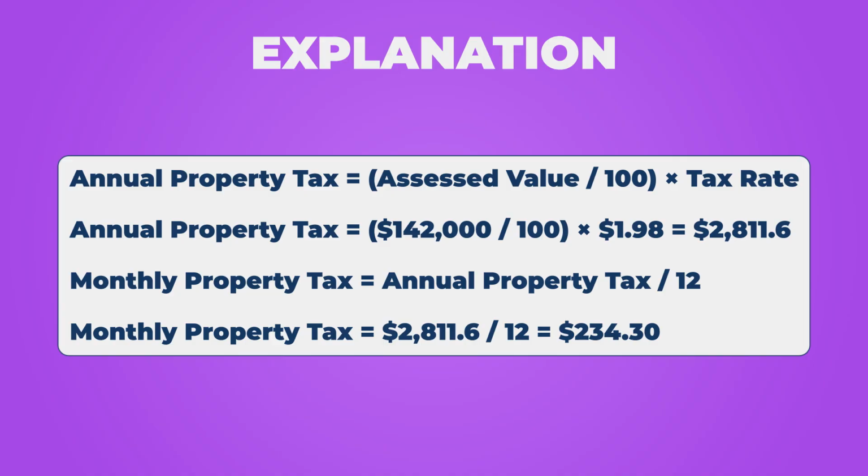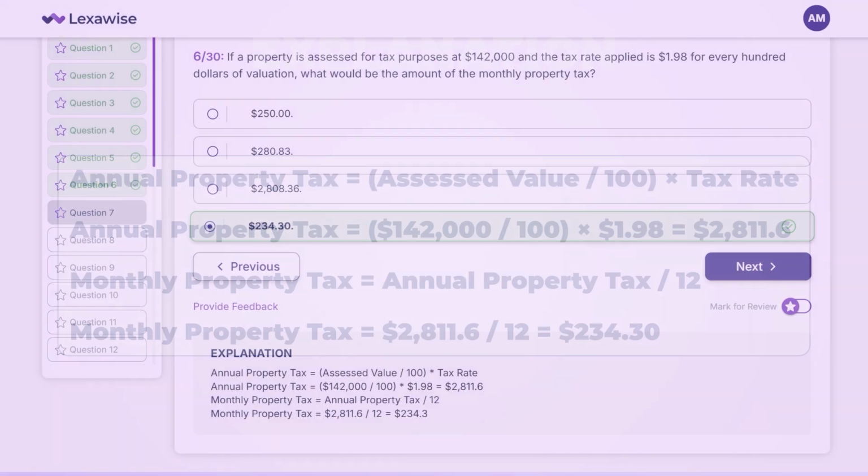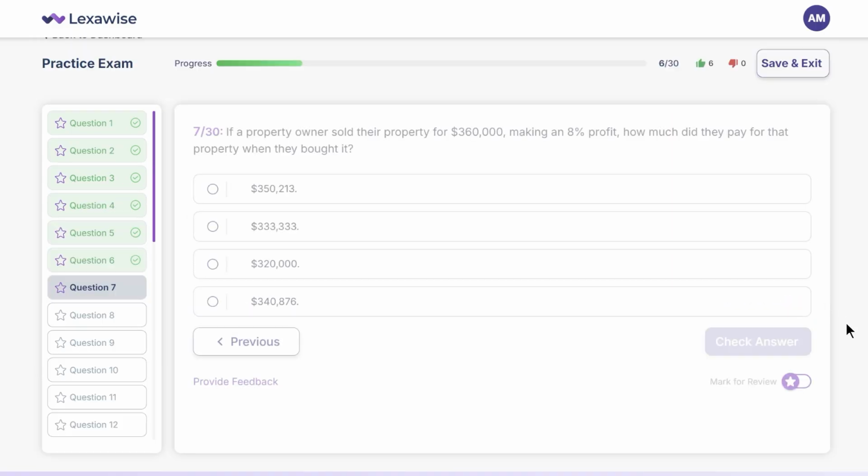Monthly property tax equals annual property tax divided by 12. Monthly property tax equals $2,811.60 divided by 12 equals $234.30. And here comes the next one in this round.